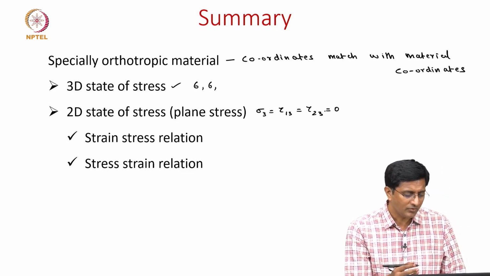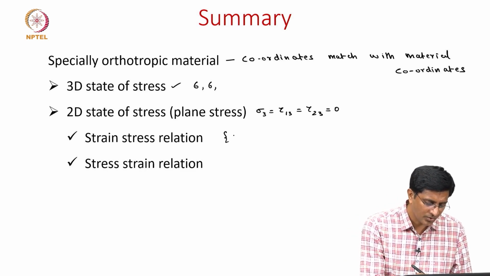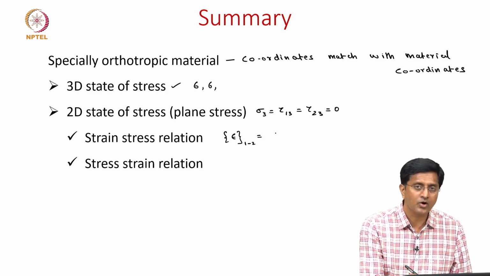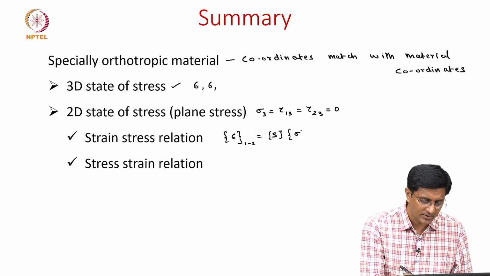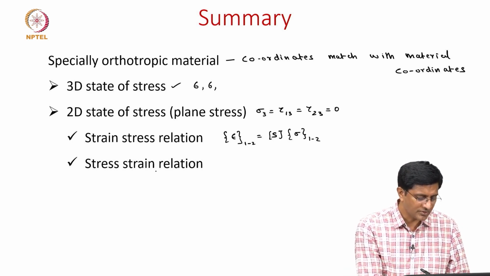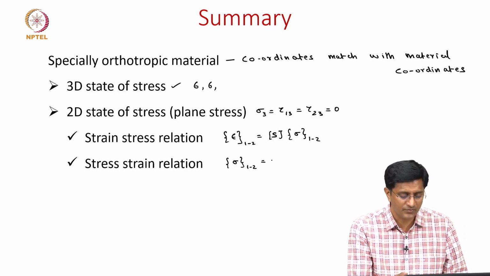But when we have this, we said the strain stress relation can be now shown as strains in the principal coordinates written in terms of the compliance matrix S times the stresses again in the principal coordinates. And similarly for the stress strain relations, we said stress in the principal coordinates can be written in terms of the stiffness matrix.